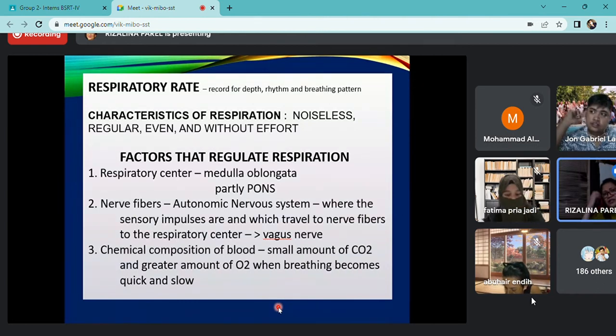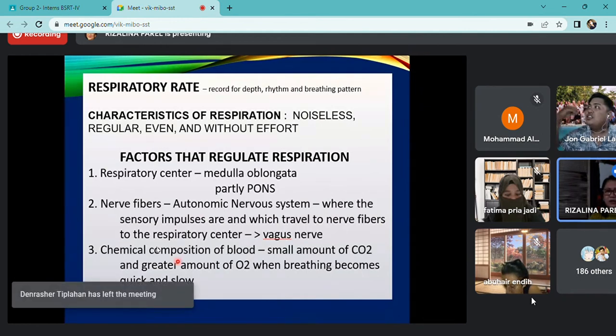Okay? So that is normal. Pero kapag ikaw ay conscious na with your breathing, yan ay meron ng dyspnea or difficulty of breathing.